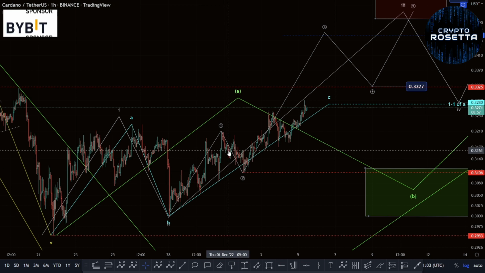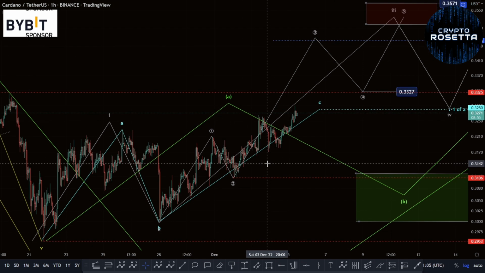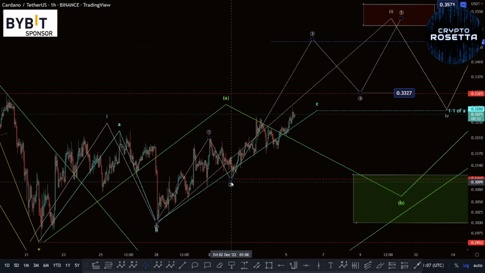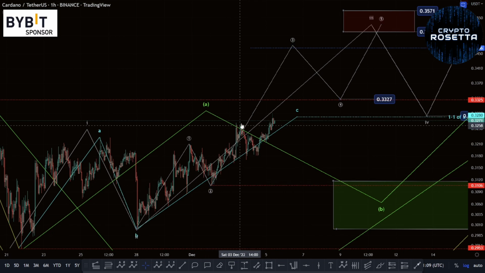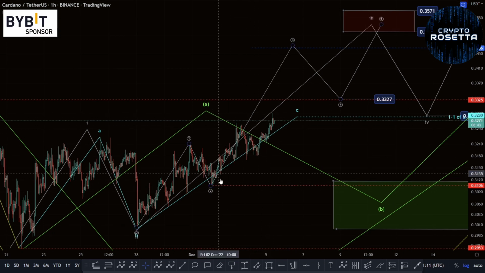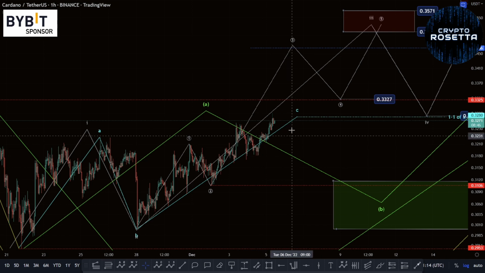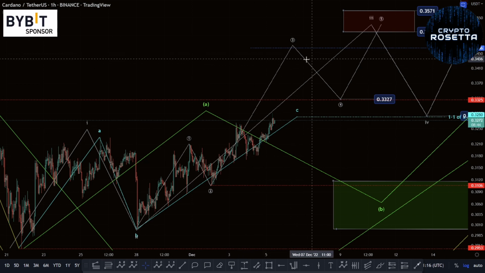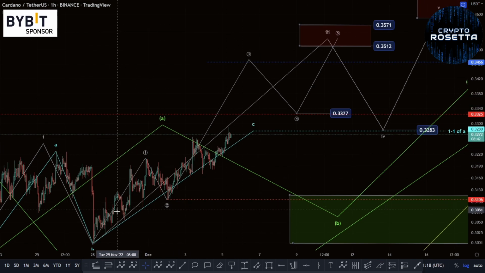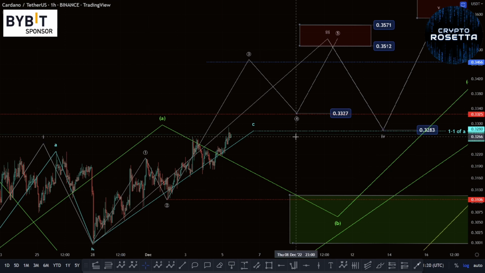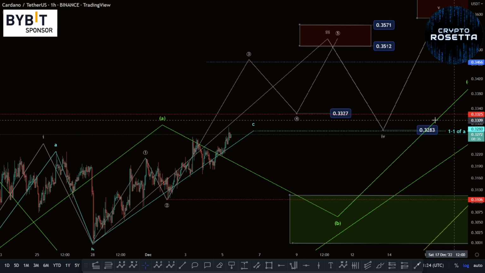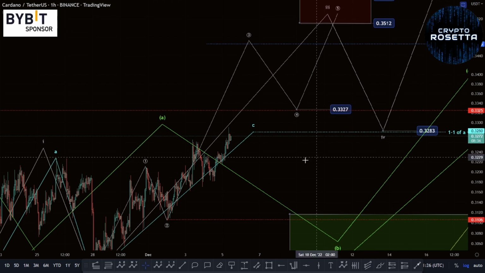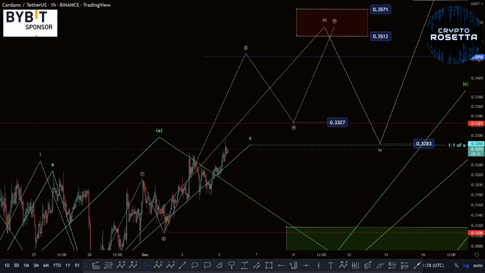So what we'd have to be mindful of then is that this could be a 1, 2. This could then be an additional 1, 1, 2, and then we could be looking to form another 1, 2, and then progress up. So confirmation that we're within an impulsive structure, we'd have to break through this 0.3325 area, but then also we would have to move up past this 0.3466 area.